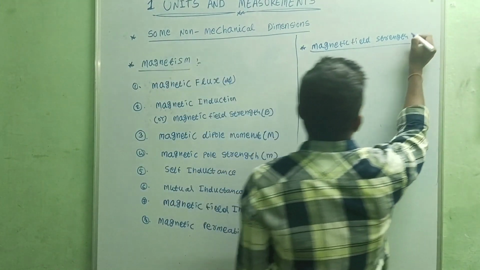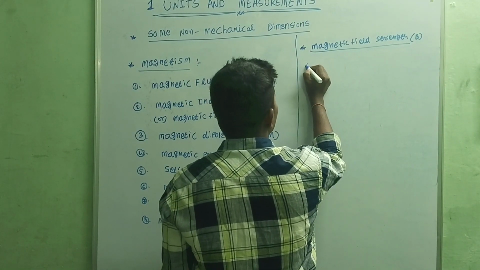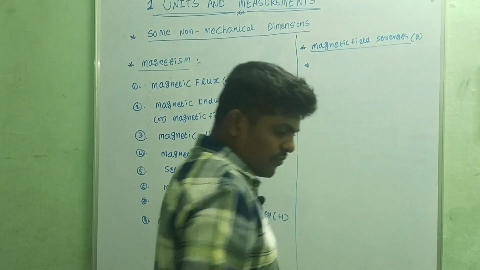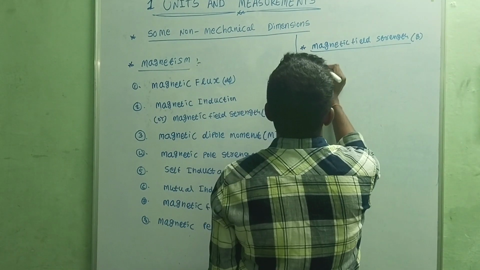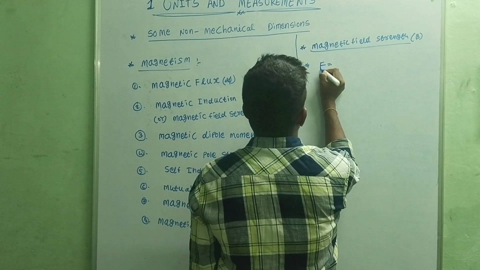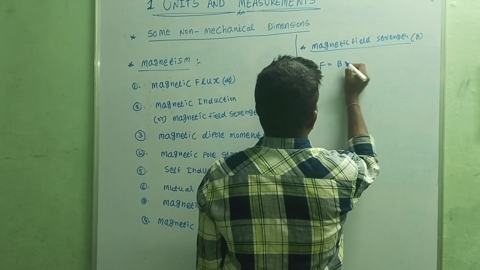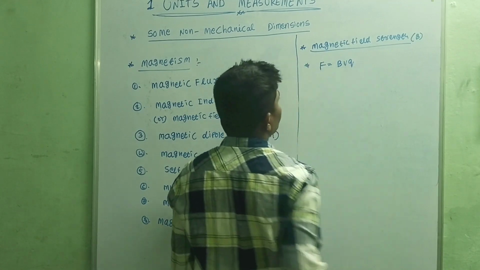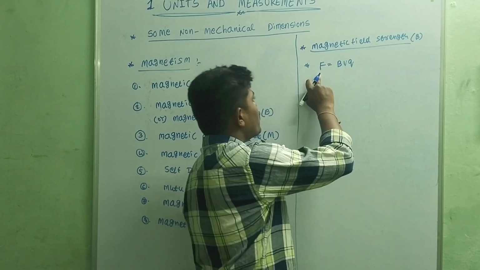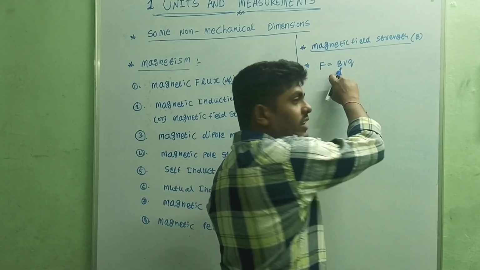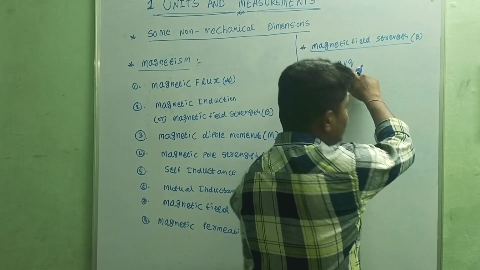We already know the formula for force, F equal to BVQ, where F is force, B is magnetic field strength, V is velocity, and Q is charge.